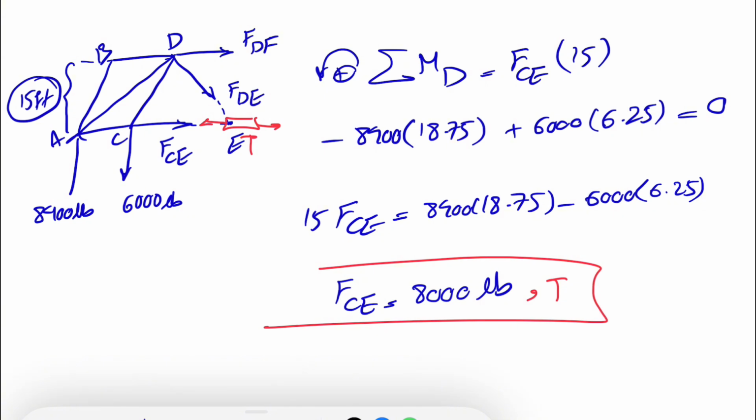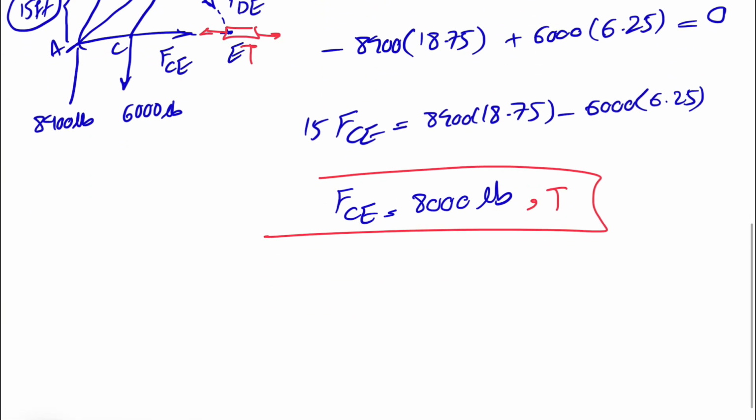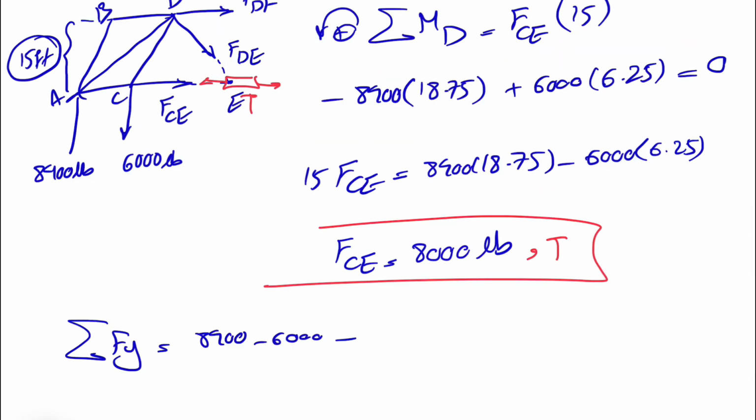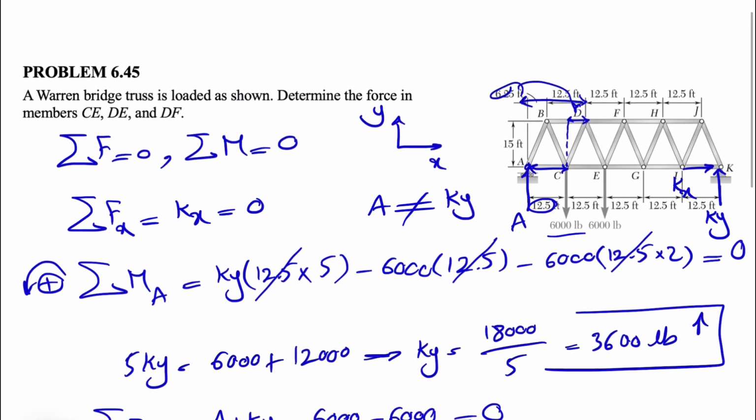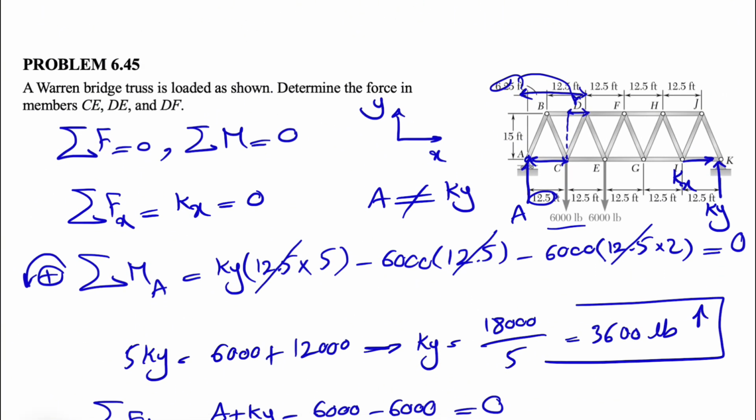We should be able to find the FDE if we do the sum of all forces in y direction. So we have 8,400 minus 6,000 minus the y component of FDE. Let's see how we can figure out the y component of FDE.